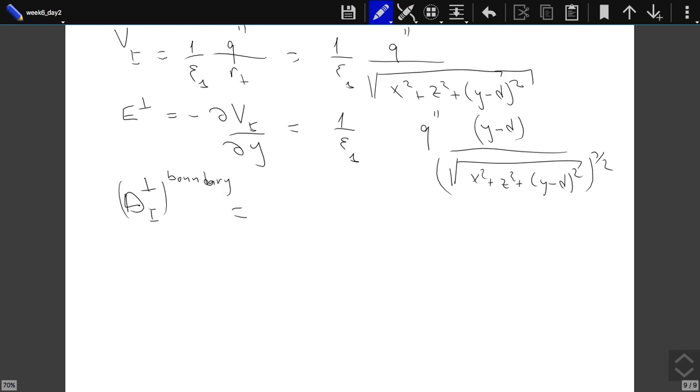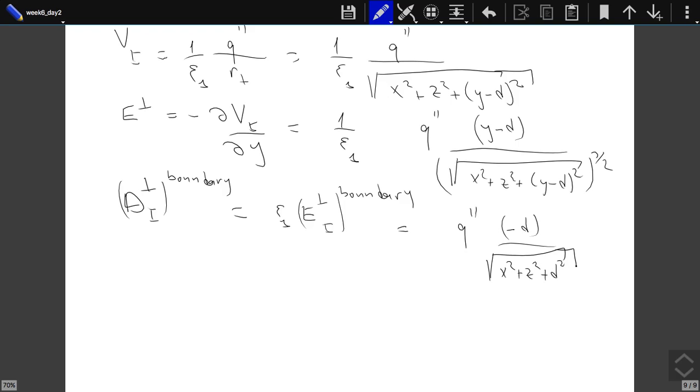So in region 1, epsilon 1 times E perp on the boundary is equal to Q double prime times minus d over the square root of x squared plus z squared plus d squared.